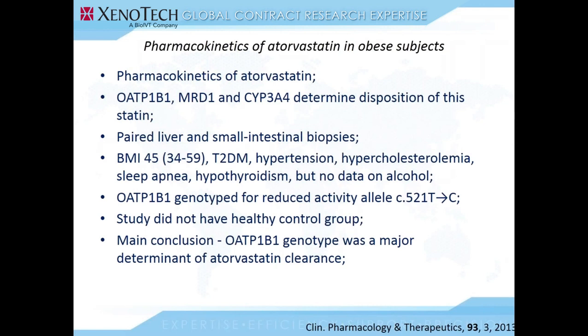Authors of this study considered genotype of OATP1B1 and looked for allele associated with reduced activity of the transporter, namely the 521 T>C change. Main conclusion of the study is that OATP1B1 genotype was a major determinant of atorvastatin clearance.